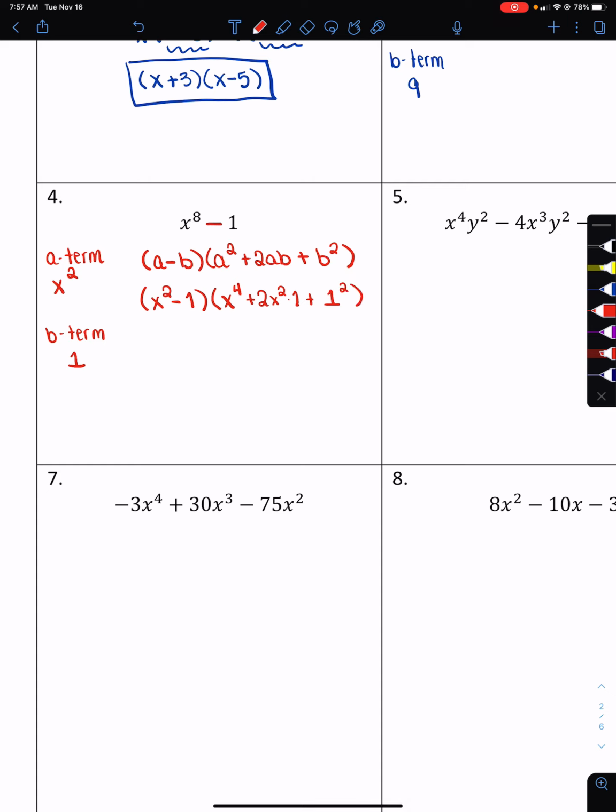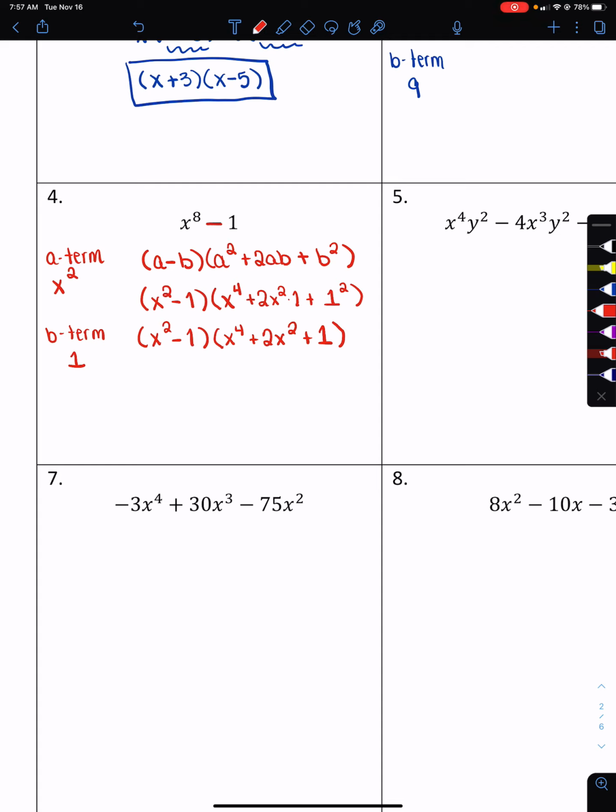All right, so then simplify that. x to the 4th plus 2x squared plus 1. Okay, so we've written that out because it is a perfect square trinomial.